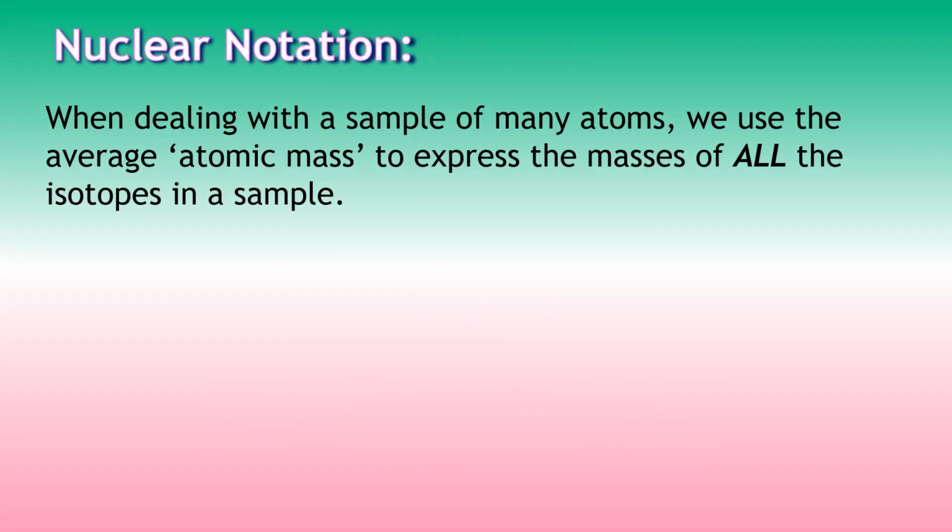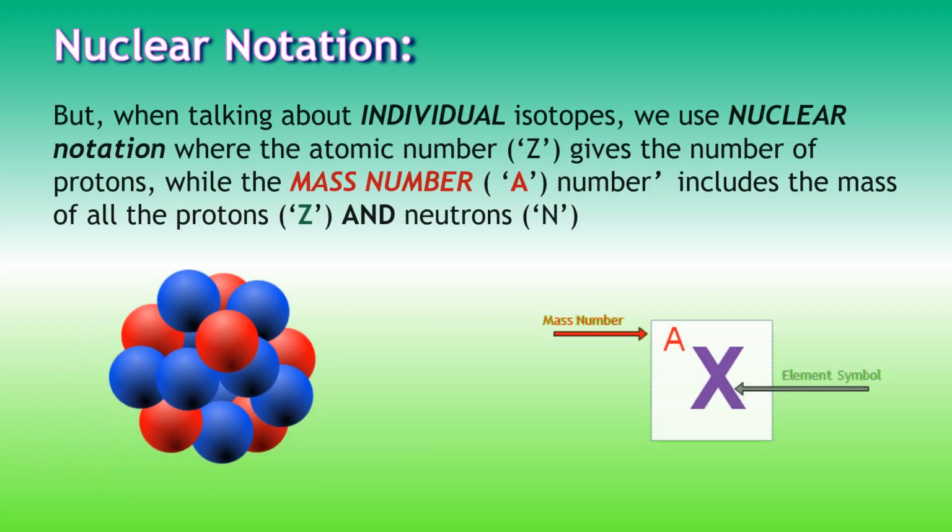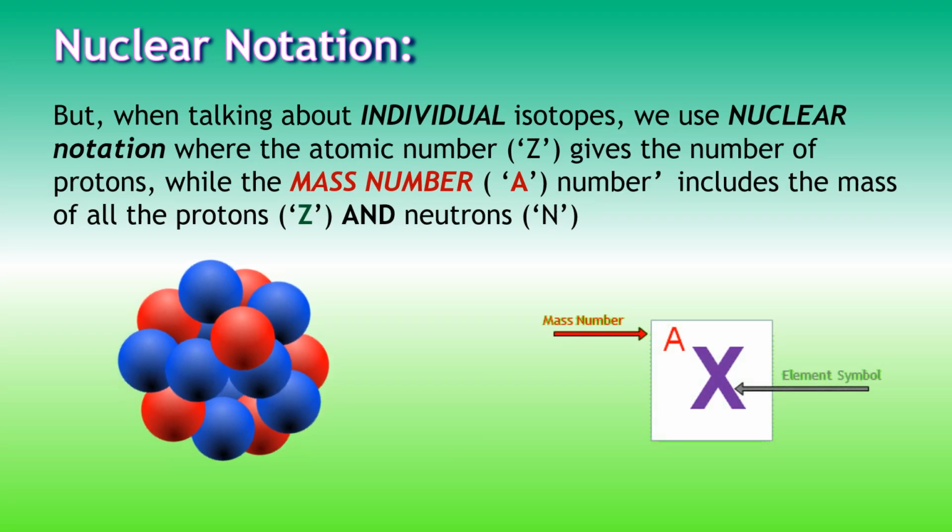Now we're going to deal with an individual atom. We use the average atomic mass to express the masses of all the isotopes in that sample, but we're going to deal with an individual atom. We use nuclear notation. And here we use the A number and the Z number.